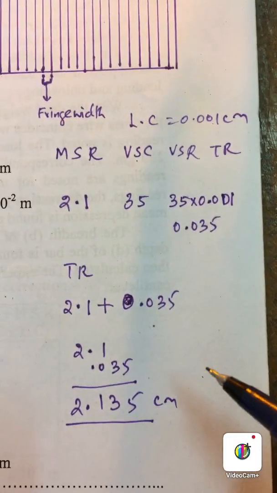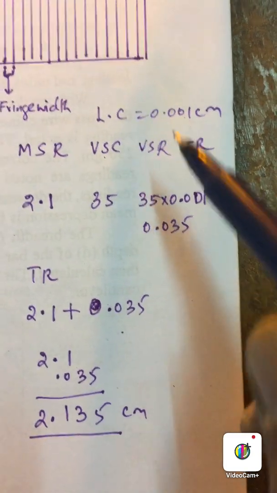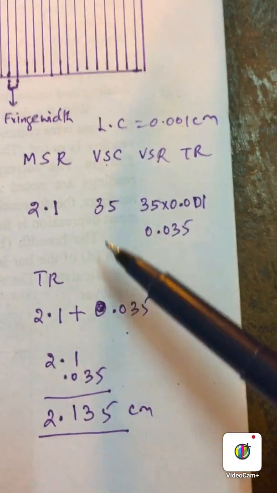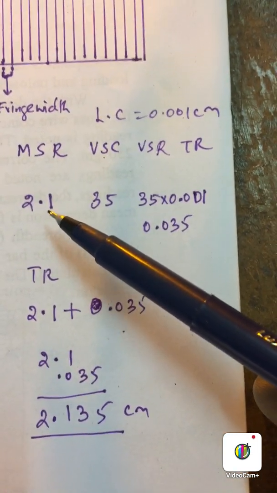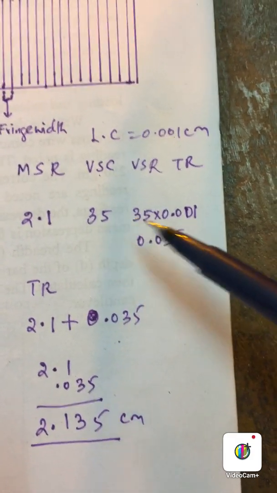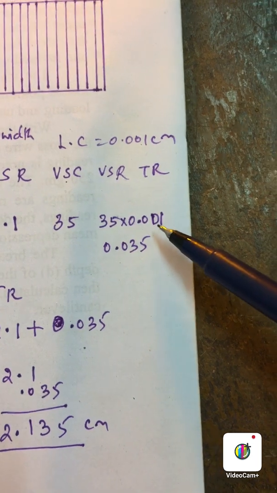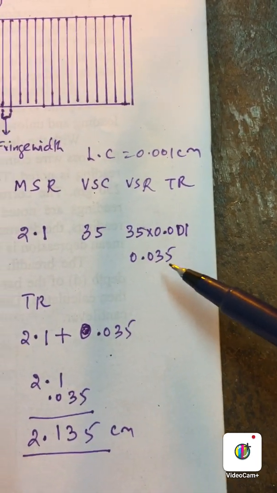The reading of the vernier which is coinciding with the main scale reading should be taken as the vernier scale reading. For example, if the microscope is used to take this reading, then the LC of the microscope is 0.001 centimeter. If you take the main scale reading as 2.1 centimeter and the vernier scale coincidence as 35, the vernier scale reading will be this 35 multiplied with LC, that is 0.001, so you'll have 0.035.